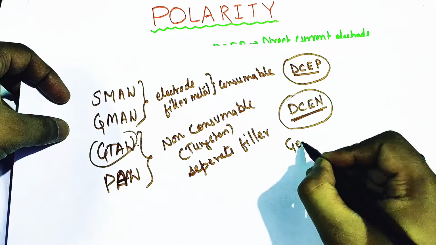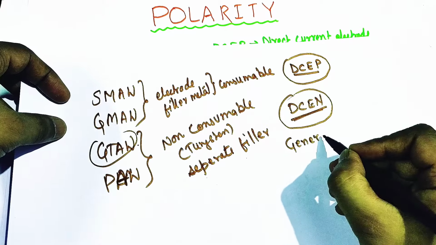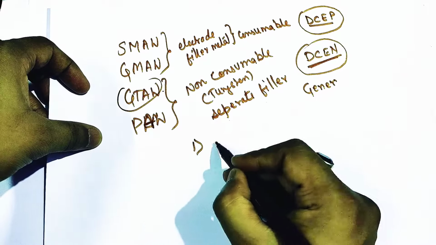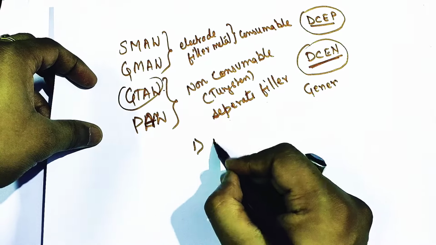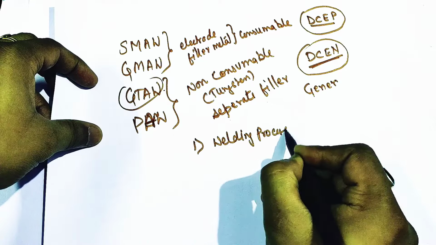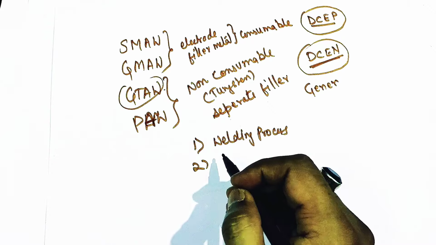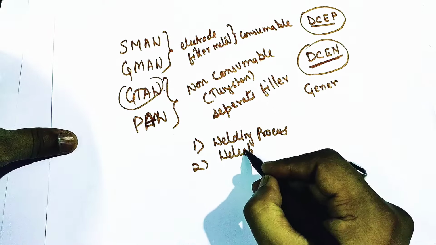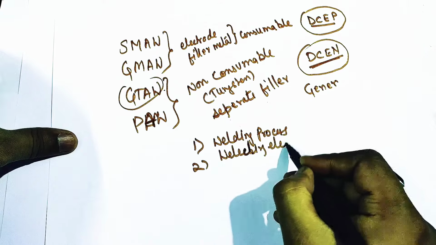But this is a general rule, this is not specific. Means the polarity will always depend on two things. First is the welding process, and second is the welding electrode.